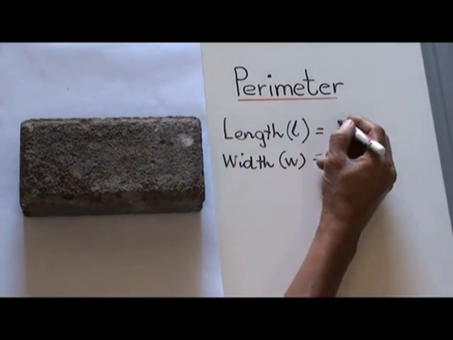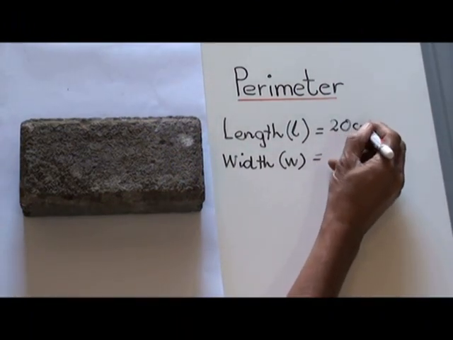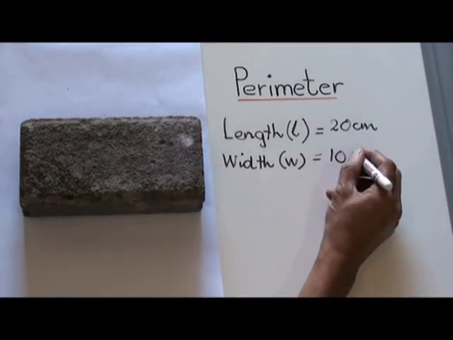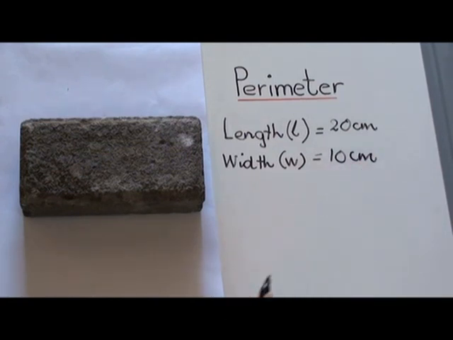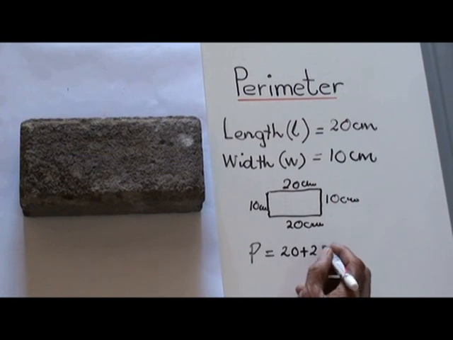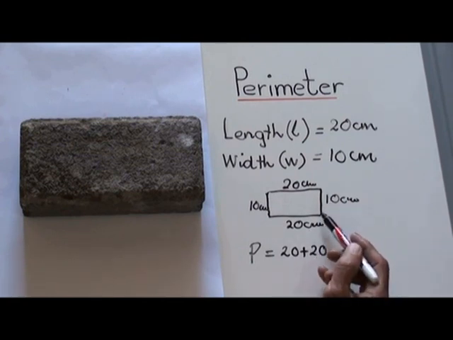centimeters. 20 centimeters or 200 millimeters is 100 millimeters or 10 centimeters. 10 centimeters. So it's 20 plus 20 plus 2 of the width.